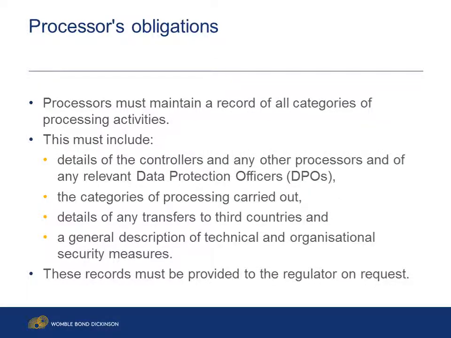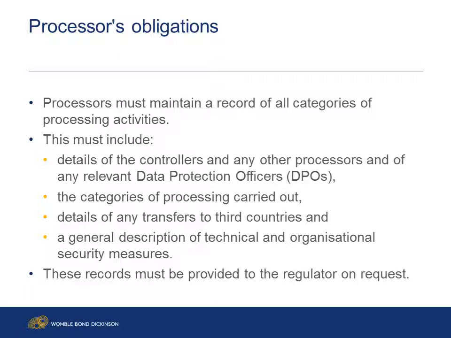Among the key obligations of a data controller is the requirement to keep written records of processing activities. To support compliance by the data controller, processors must also maintain a record of all categories of processing activities. These records must include details of any controllers and any other processors, and of any relevant data protection officers involved in the processing activities.